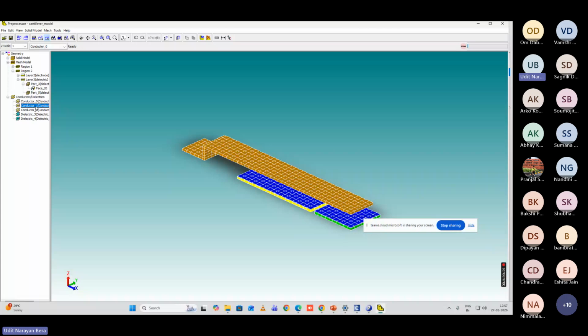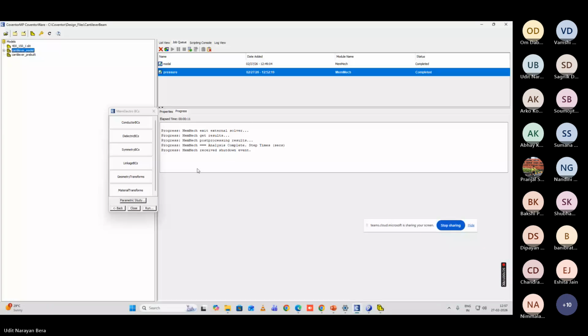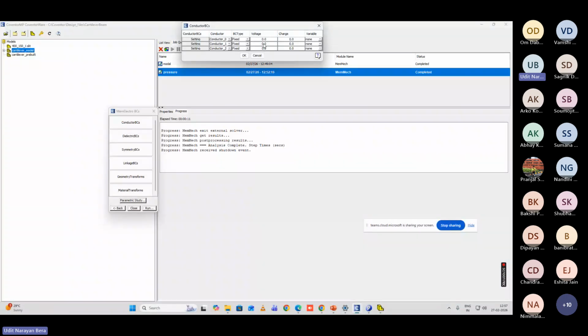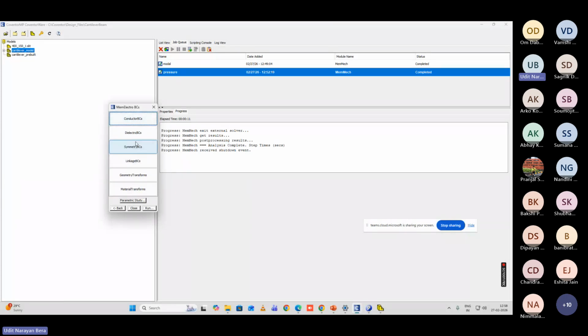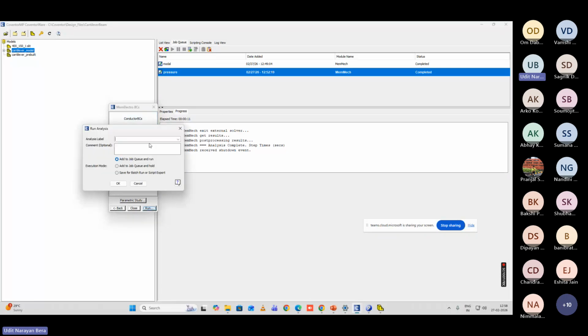So you have to apply the voltage at conductor 1. Okay, so let's go to Coventor, go to conductor VC. Conductor 1 is your actuation electrode. Let's apply 1 volt here. Okay, nothing else. We have already applied 1 volt, and if you want, you can check that the fix is there, no problem. So let's run it. So, electro.